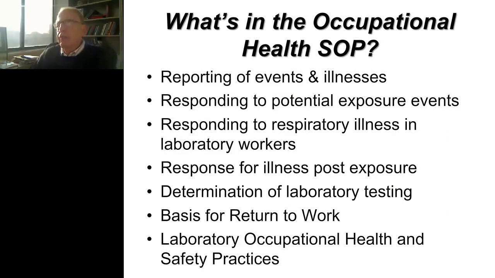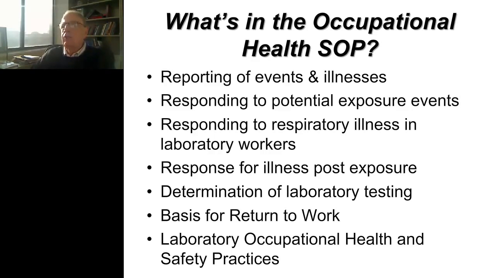You want to write this into your occupational health SOP. You want to have a process for reporting events and illnesses, events meaning incidents, exposure incidents. How are you going to respond to potential exposure events? Staff need to know exactly what is expected of them if they get exposed, so that they will take the steps as quickly as possible.